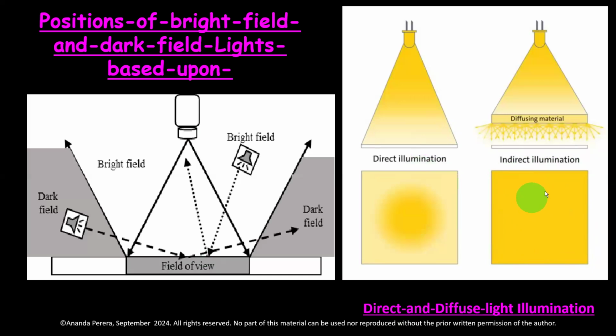So today in houses, we are using indirect illumination with the pan lights in the ceiling. So remember, diffuse light illumination is this. This is direct illumination. This is diffuse light illumination. So we have learned 2 things now out of 7.